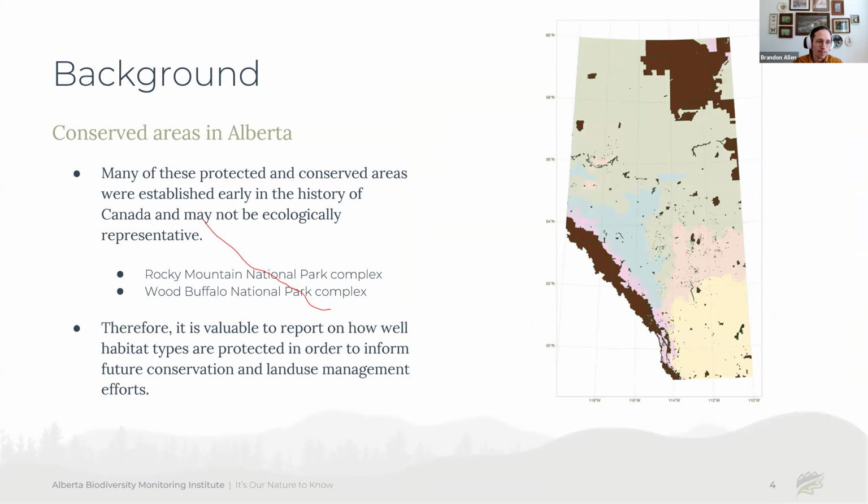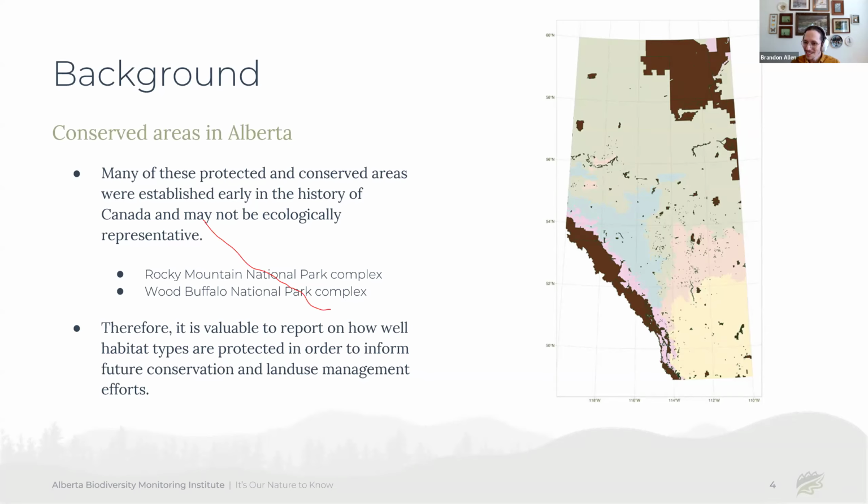But putting it back in the Alberta context, a lot of these areas were established well in the early history of Canada and weren't necessarily chosen to be ecologically representative of a bunch of different habitat types. Thinking back to the Rocky Mountain National Park Complex in Alberta, which was established more than 100 years ago, as well as Wood Buffalo National Park Complex, there were lots of reasons why groups wanted to establish these protected areas at the time.